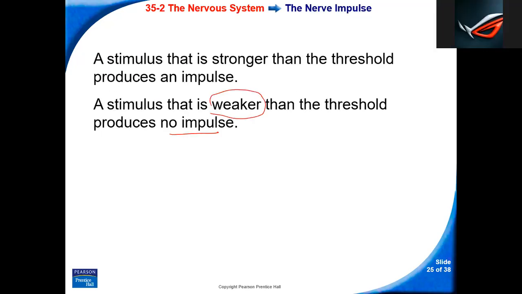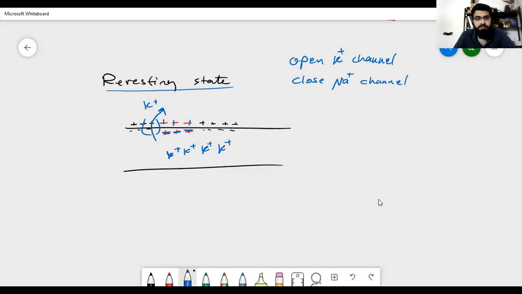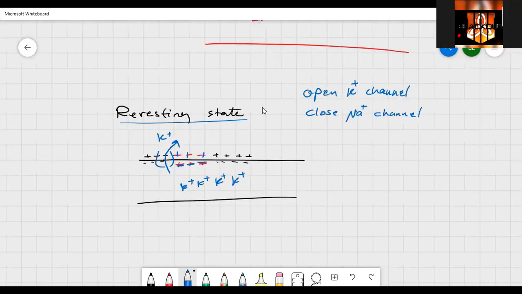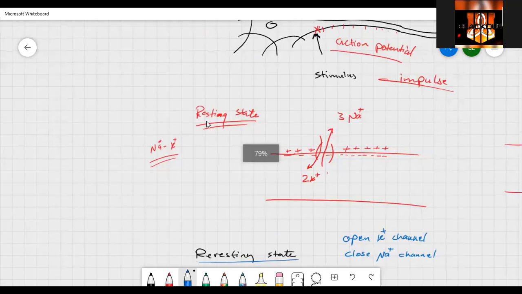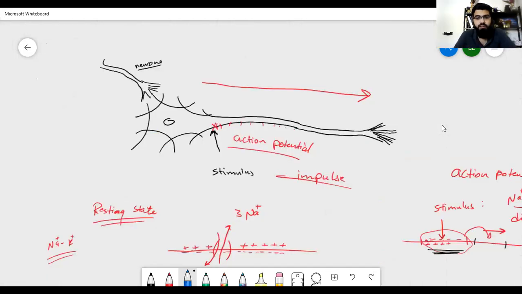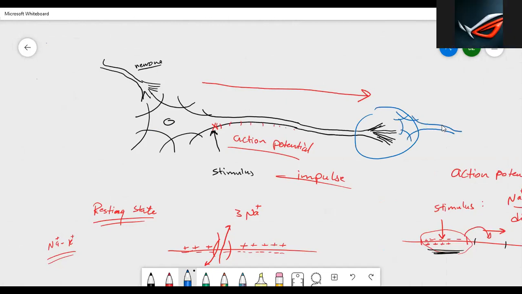Now the impulse keeps going until it arrives at the terminals. You can see here, the impulse moves toward the terminals. What is going there in the terminals? It could be another neuron, or an organ such as a muscle or gland.